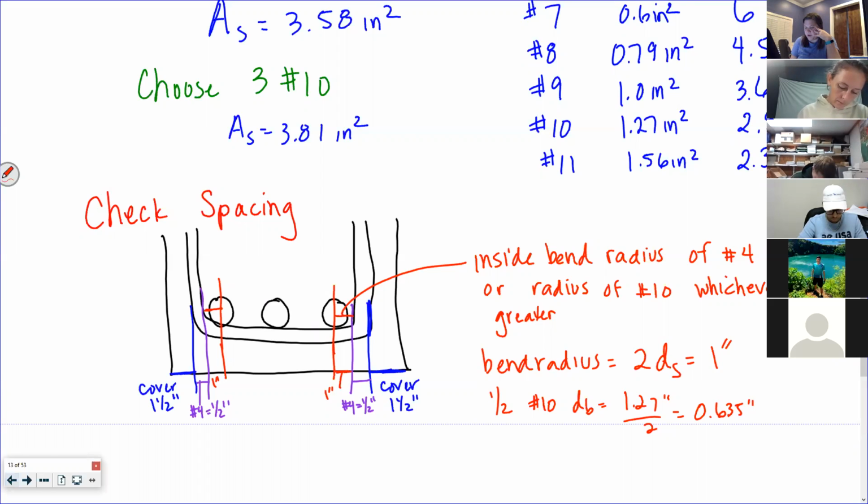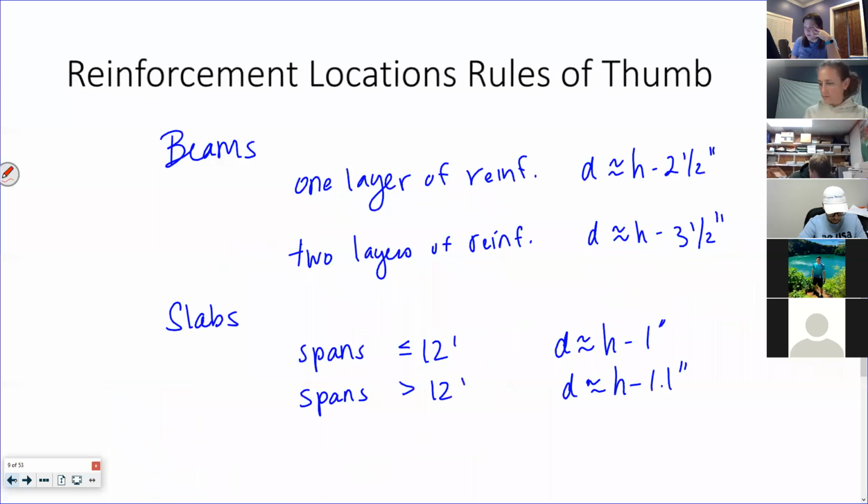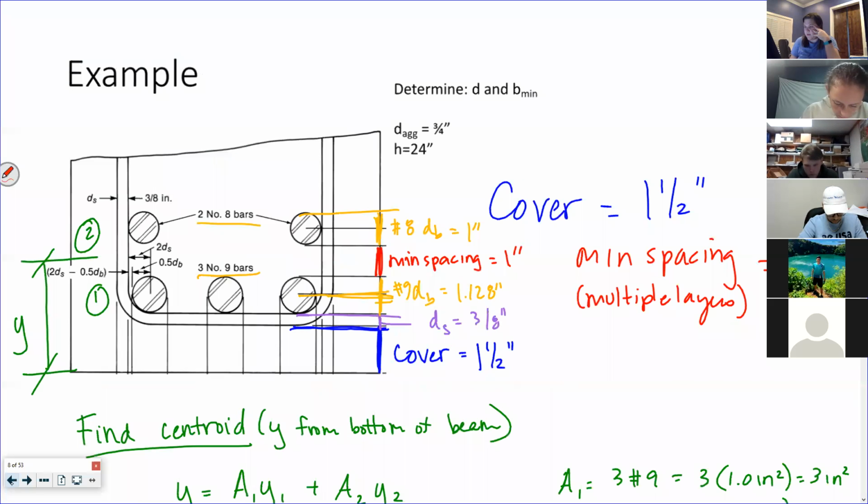The better picture, rather than my drawing, like this, right? To get it to be down, it needs to hit there. So that these 3 bars are all in a line. We have to take into account the bend diameter.